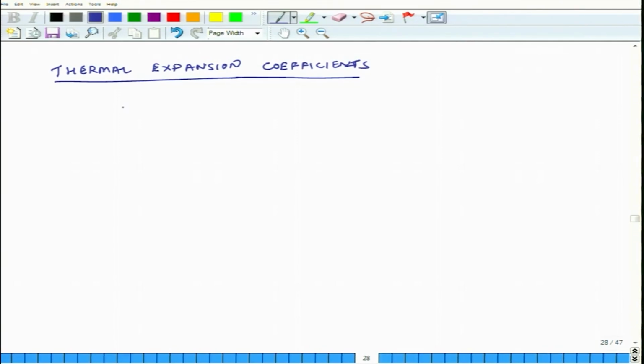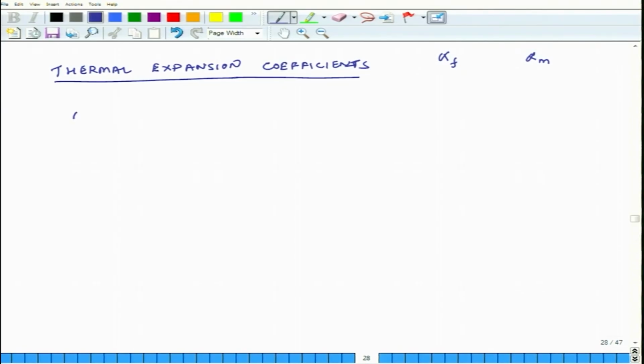So, thermal expansion, suppose you have a unidirectional laminate and it has a thermal expansion coefficient of alpha f for the fiber and alpha m for the matrix.